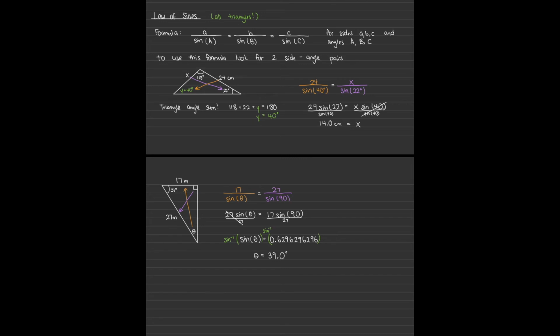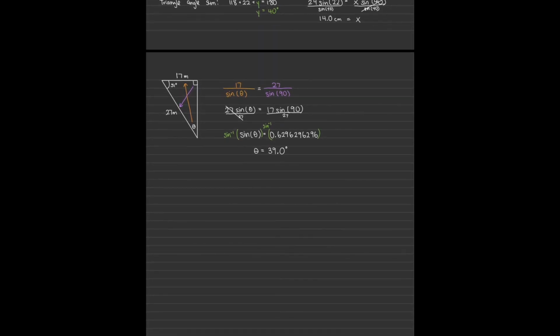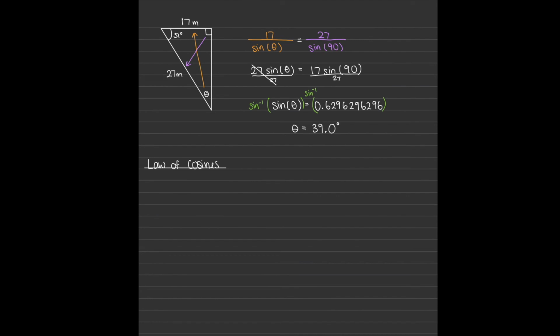There is one other triangle tool that applies to all triangles, and it is called the law of cosines. The law of cosines formula looks like this.